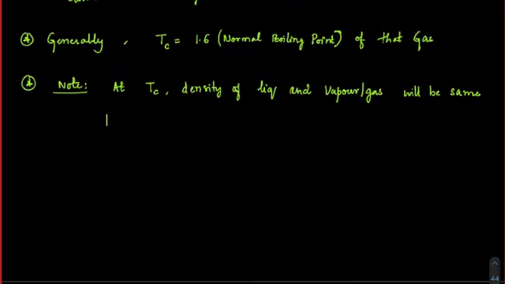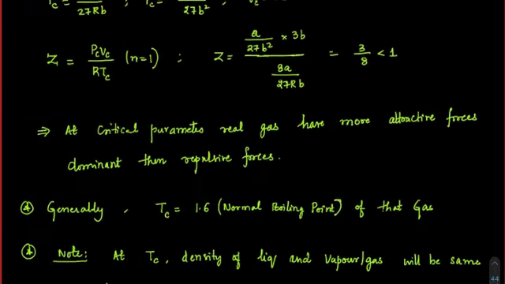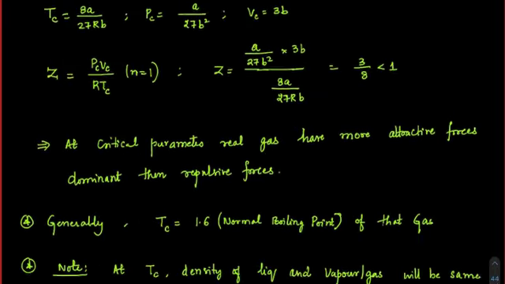So viscosity is same, surface tension, or kinetic energy of particles. Only at critical temperature can we say the kinetic energy and viscosity would be almost same at that particular point, because density is almost the same. Any doubt so far? I hope you understood critical parameters.